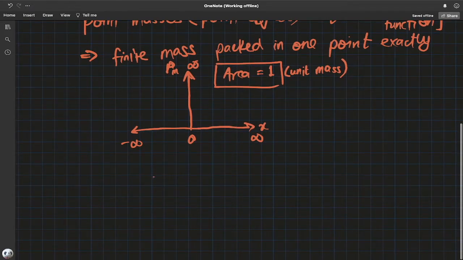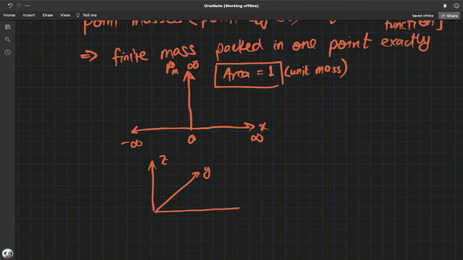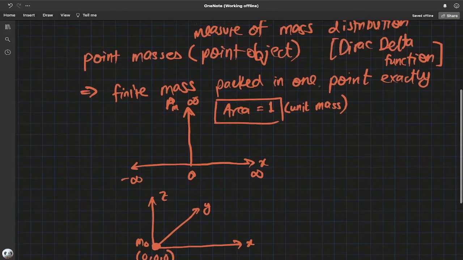Well, a point mass in 3D, in three-dimensional space, call this the z-axis, the y-axis, x-axis. So your point mass is like a localized mass distribution m naught at the origin, say for example, at one given point.